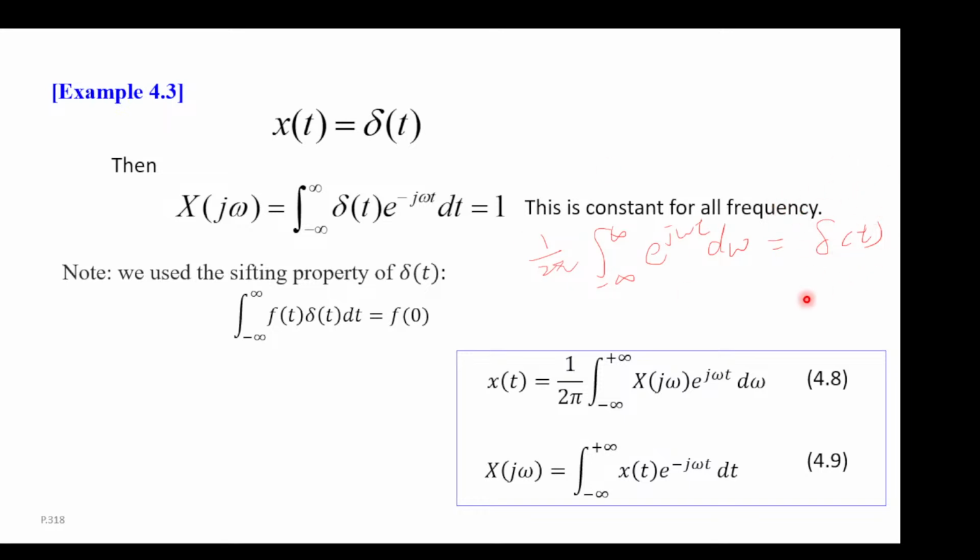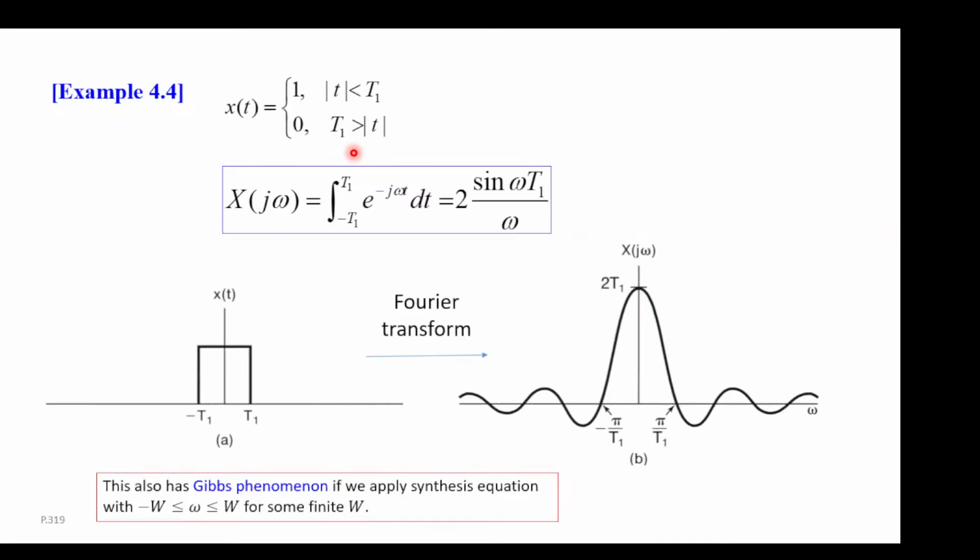But anyway, this is what we think is true. The bottom line is we just recognize delta of t and 1 as a Fourier transform pair. Okay, let's go to the next example. That's less divergent: x of t equal to our favorite block wave signal.